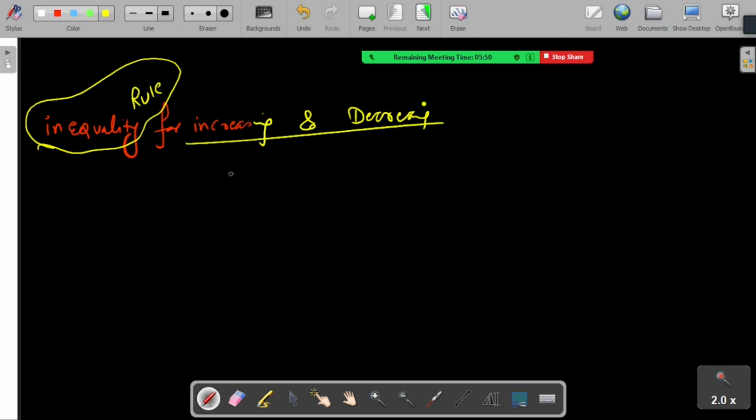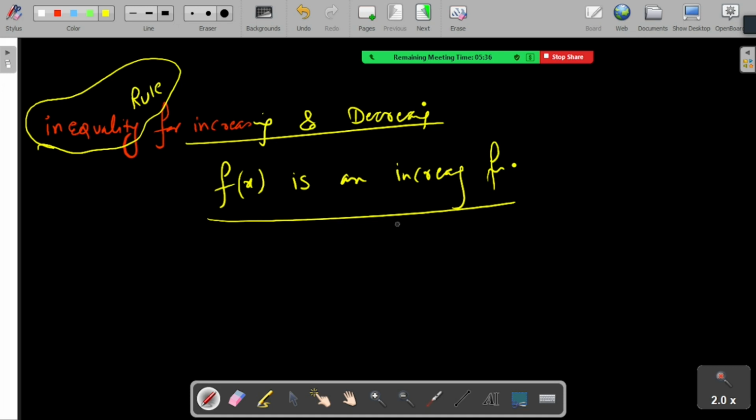Let us suppose f(x) is an increasing function. For this function, let us suppose we have two values, x1 and x2.